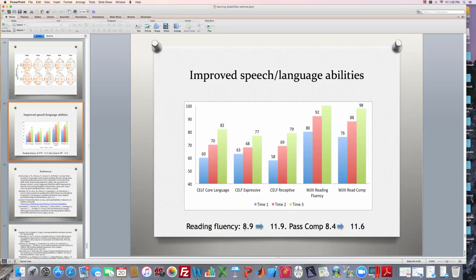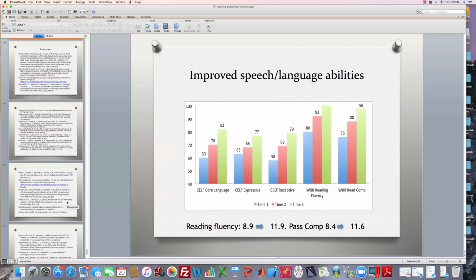The age in reading fluency from beginning to end went from 8.9 to 11.9, and reading comprehension went from 8.4 to 11.6. So you can see in this individual, in 25 sessions, you've got a 3-year age equivalent jump in those ability areas.